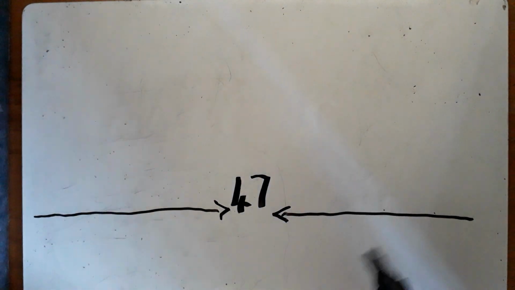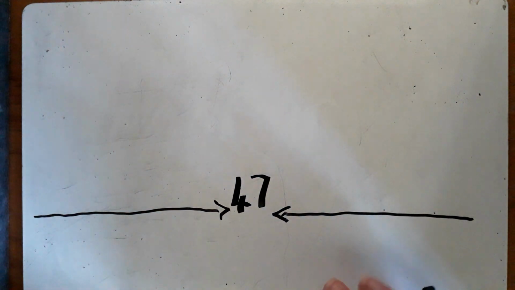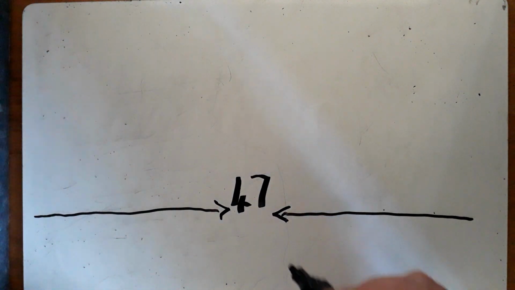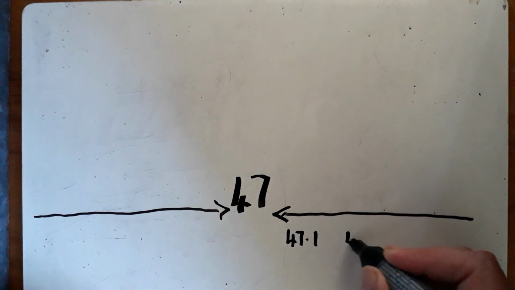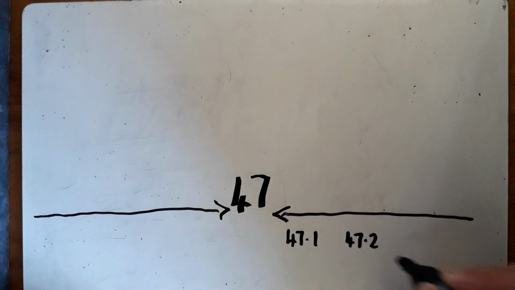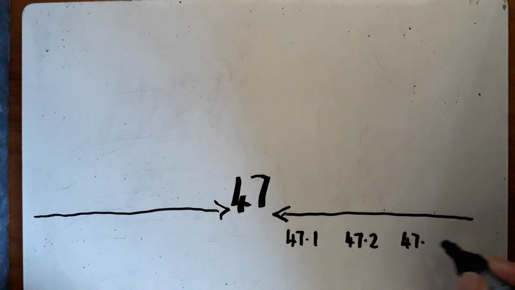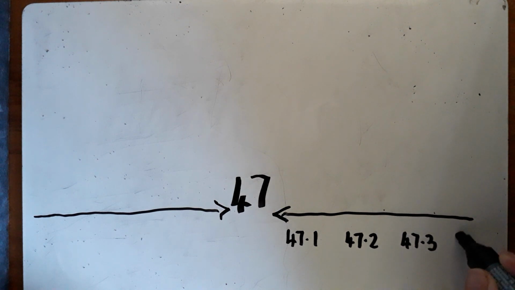The numbers that would round down have to end with a 1, 2, 3 or 4. So that would be 47.1, 47.2, 47.3 and 47.4.